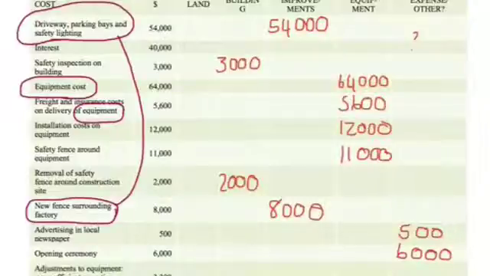So we'll expense that. Neither the advertising nor the opening ceremony is a cost that we need to get these assets into the right location or into a condition so that we can start using them. These costs are more just to promote the business and the opening of the business, so we need to expense that in the current year.